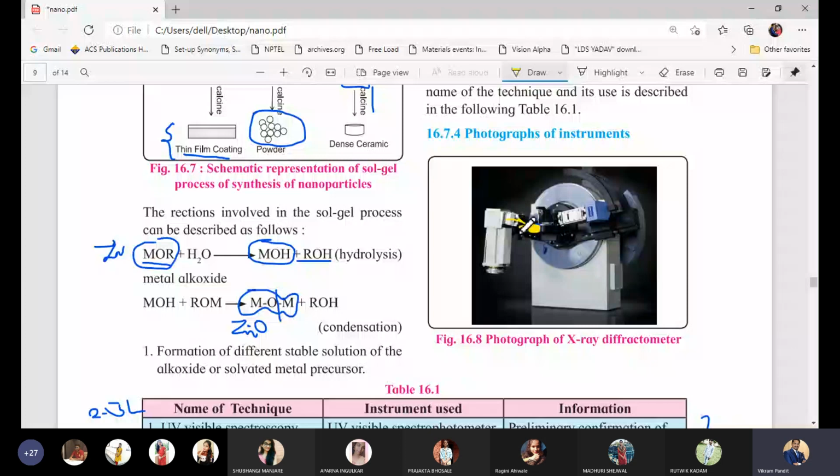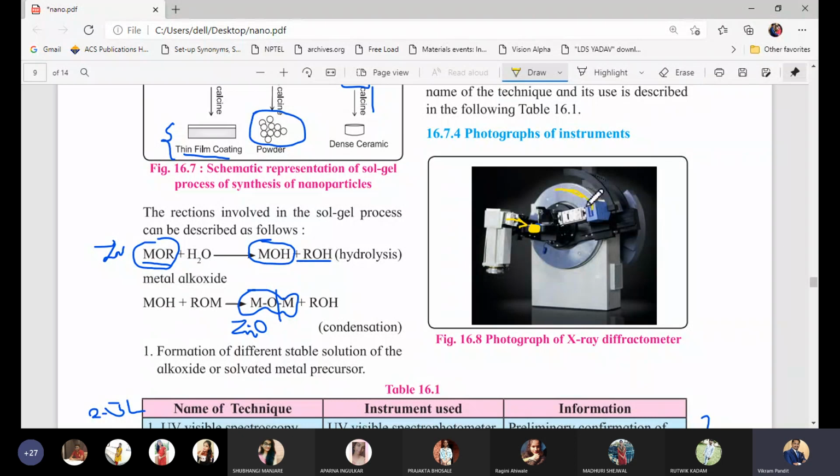Now the X-ray source remains constant, and this can rotate like this. It goes from 0 to 90 degrees. So this much angle can be measured by using this diffractometer. It can rotate, and we have to find the 90 degree angle. Then by using the Miller indices, the different planes, we are going to find the particle size.